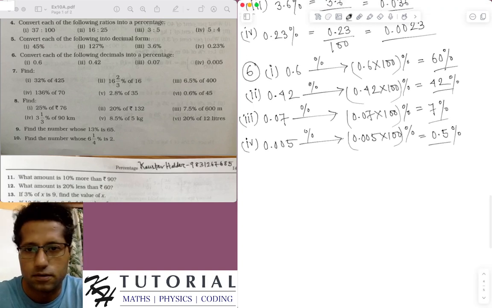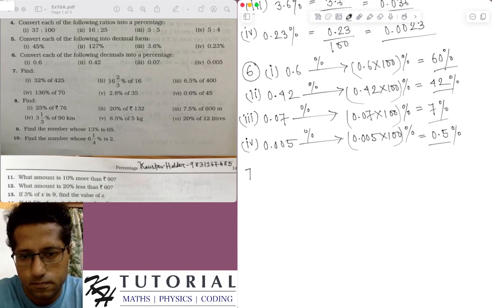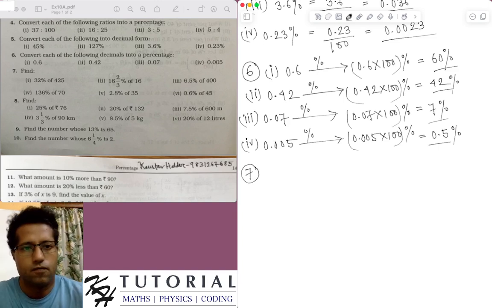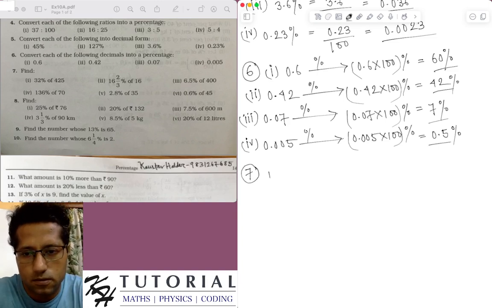Let's do question number 7. Find, okay. So this is the P percentage of some quantity kind of problem.